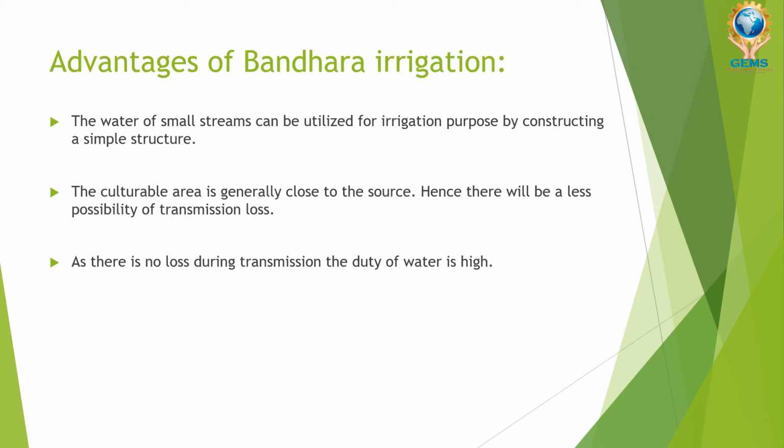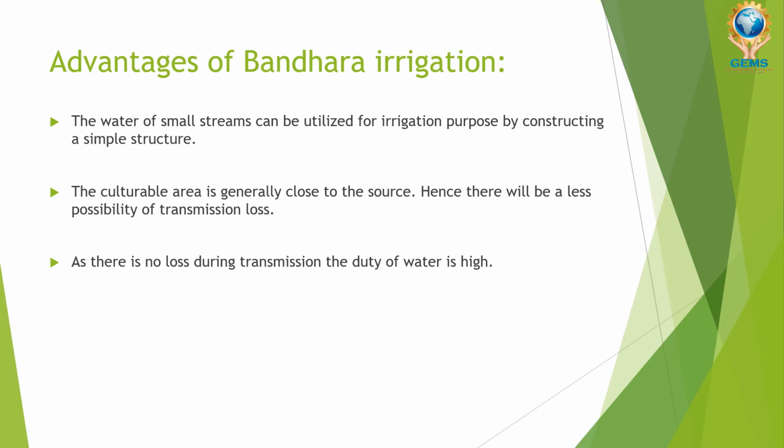In this slide, I'm going to explain the advantages of Bandra irrigation. First, the water of all streams can be utilized for irrigation by constructing this simple band. Any portion can be used, but it should be perennial.